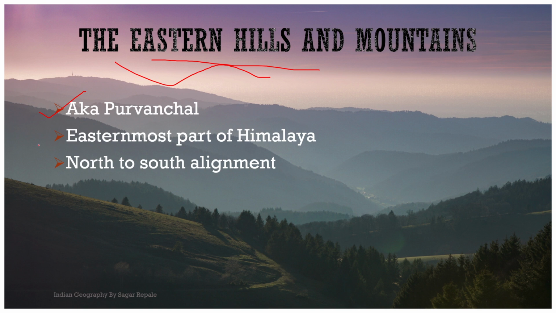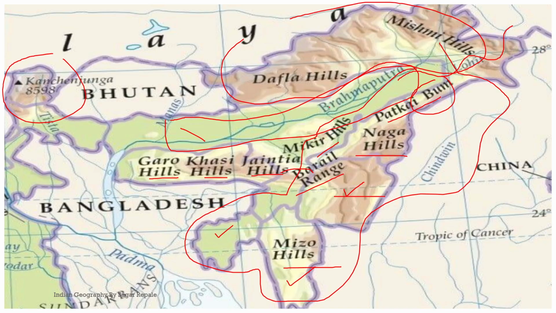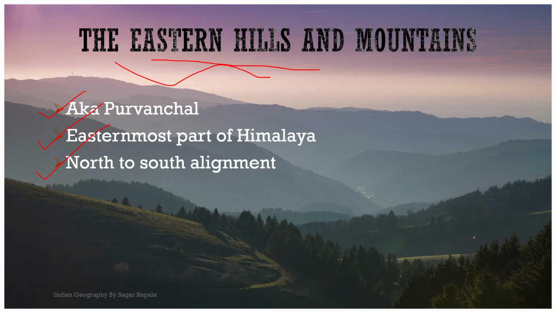This is the easternmost part of the Himalayas, and the alignment is north to south. Because we have seen the Himalayas alignment is generally west to east, with a slight curve over here, but in Purvanchal the alignment is north to south.